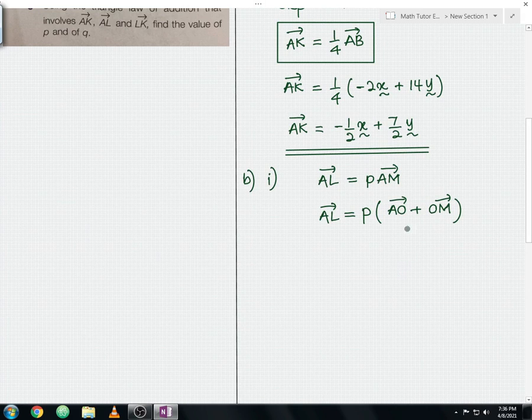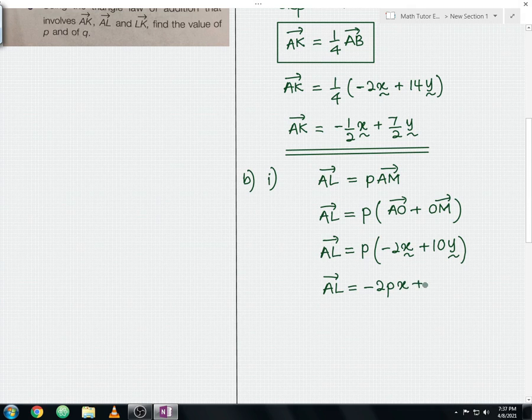So vector AL is equal to P times negative 2x plus 10y. This is the vector AM, but now we are finding the vector AL, so this P you need to times in. So you should get your vector AL is equal to negative 2px plus 10py.